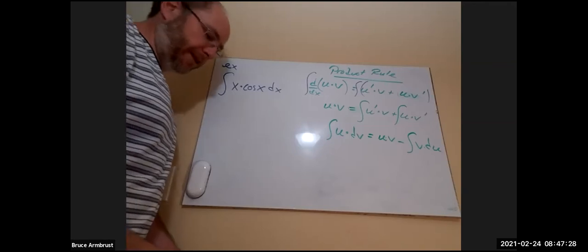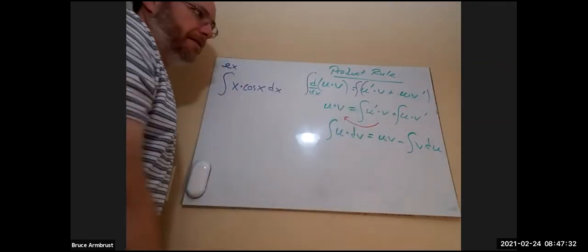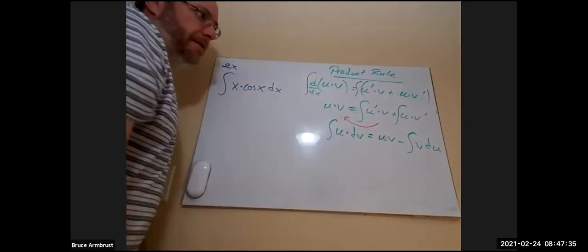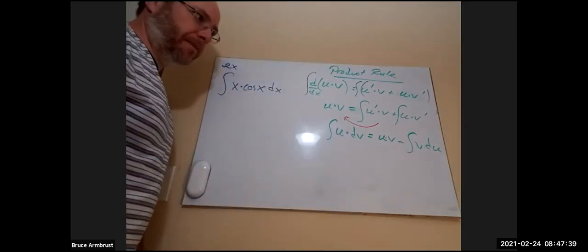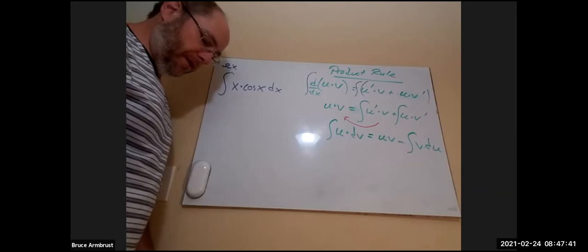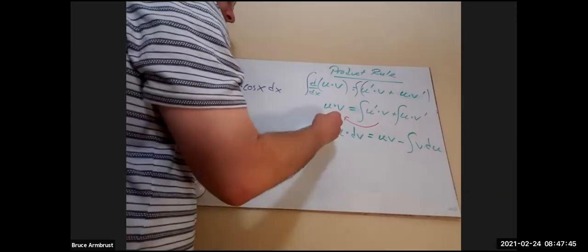So in essence, all I did, I moved this piece over here. And then I wrote them as dv's instead of v prime. All right, well, that last line, this is the one you want to put a box around.